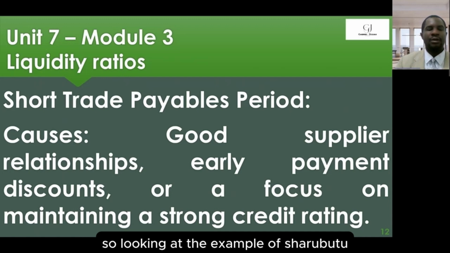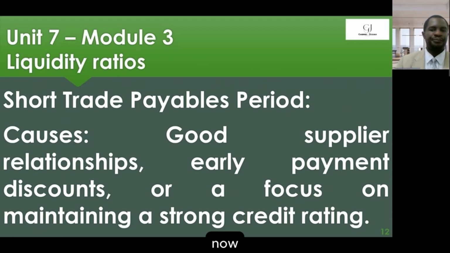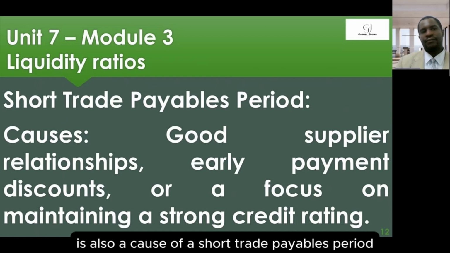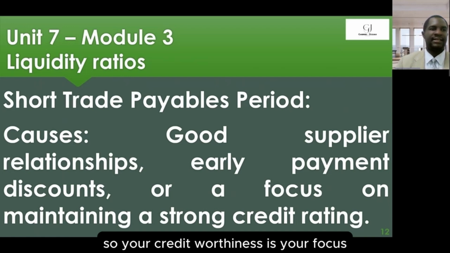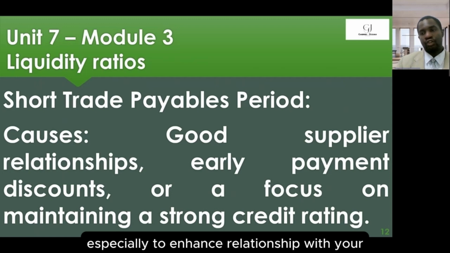Looking at the example of Shadow Bottle, you could see 200 days plus is quite a long time. Focusing on maintaining a strong credit rating is also a cause of a short trade payables period. So your creditworthiness is your focus and what is important for the company, especially to enhance relationships with your vendors or creditors.